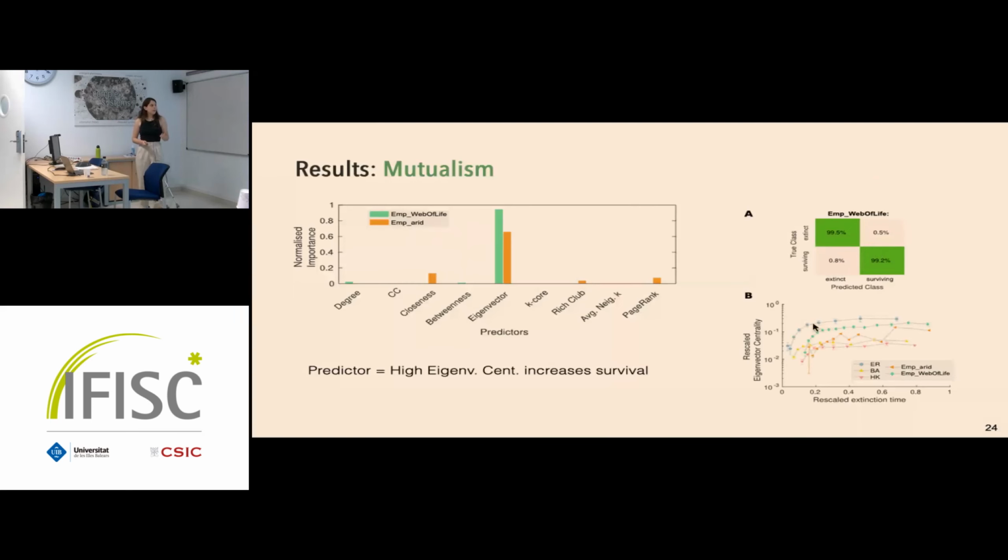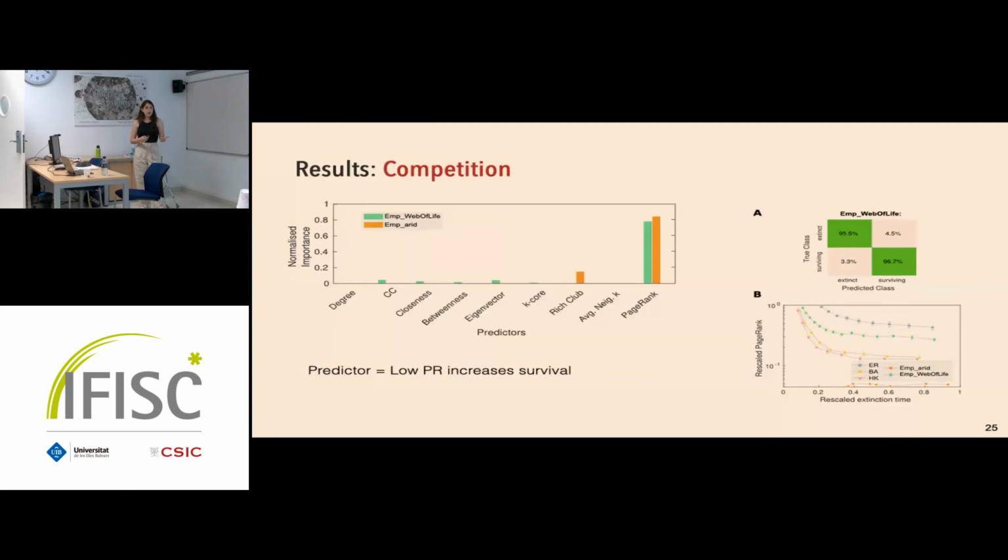And we obtain a trend, in the sense that if we plot the extinction time of a species as a function of its eigenvector centrality, we see that the species with a low eigenvector centrality are the first ones to go extinct. And this trend, that is common for all types of our networks, also happens in competition, but in this case, we have the PageRank as the predictor of survival.